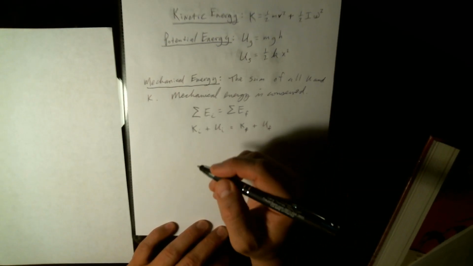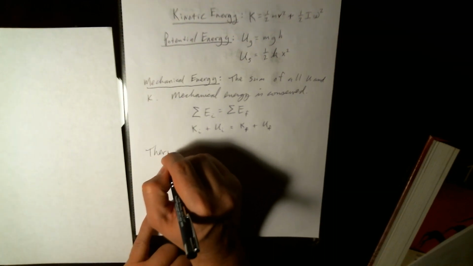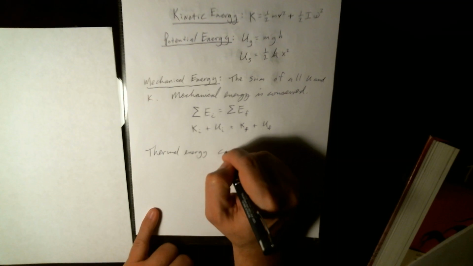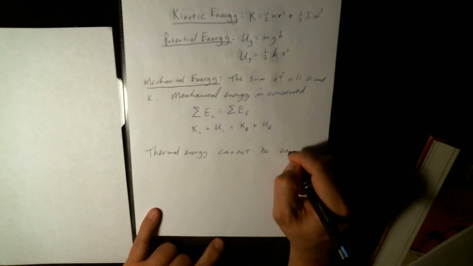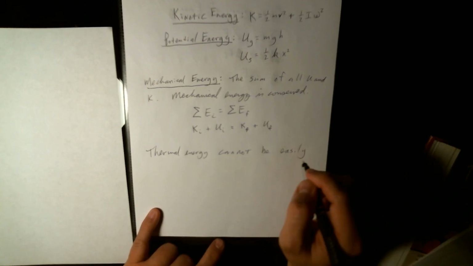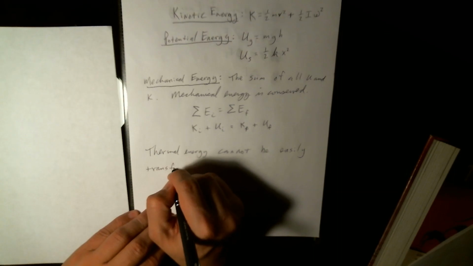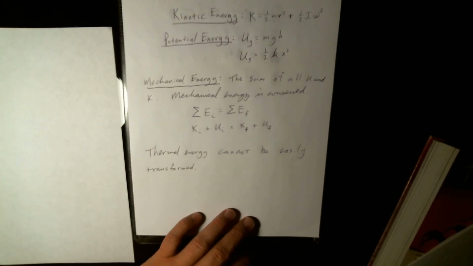The really tricky thing I want to lay out for you is that thermal energy cannot be easily transformed. So you know how some kinds of energies can be real easily transformed.